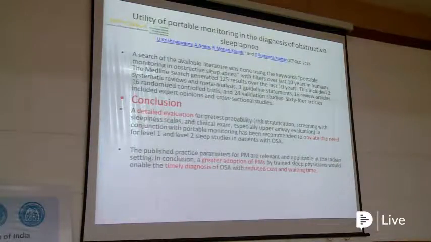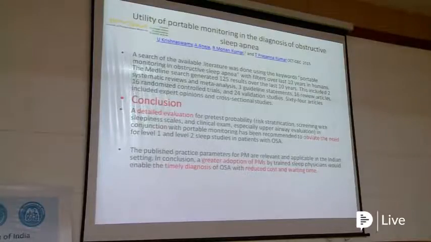Then this is our Indian study, on the utility of portable monitoring in the diagnosis of obstructive sleep apnea. They searched the available literature on portable monitoring in OSA over the last 10 years, and concluded that detailed evaluation of pre-test probability is needed to obviate the need for level 1 and level 2 sleep studies.